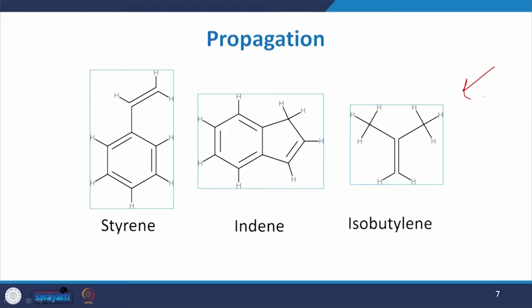Both factors favor propagation without rearrangement for monomers like styrene, indene, sometimes chromene, vinyl ethers, isobutylene, etc. Now, these are the structures of styrene, indene, isobutylene, you can see over here. These structures are equally important when we try to develop the rearrangement patterns under isomerization of those polymeric species, or under the polymerization process.